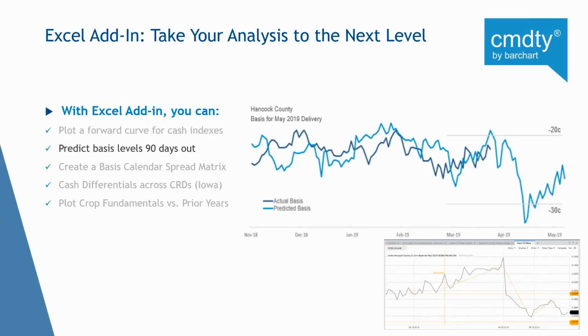You can use the information in your own algorithms to predict basis levels 90 days out, or we are developing a methodology to also predict basis 90 days out. In this case, you're looking at the actual basis in dark blue and our predicted basis in light blue.